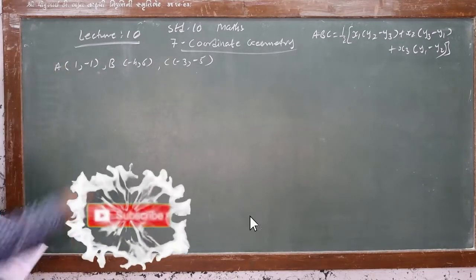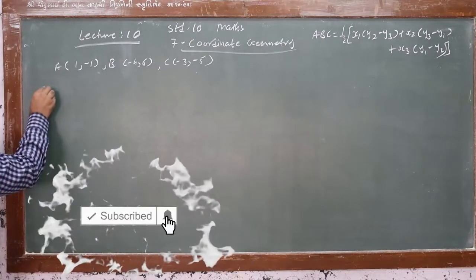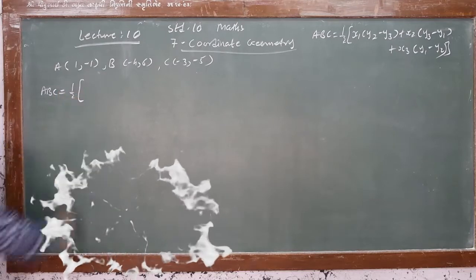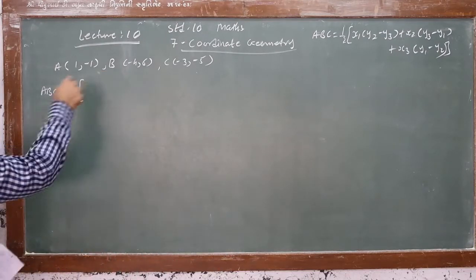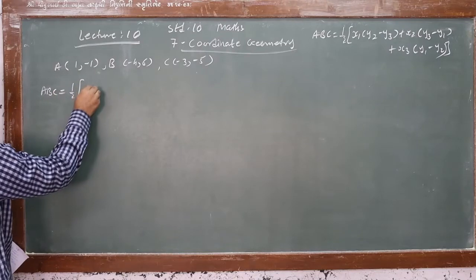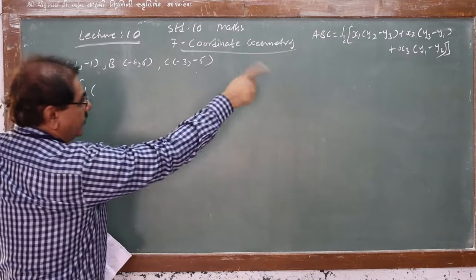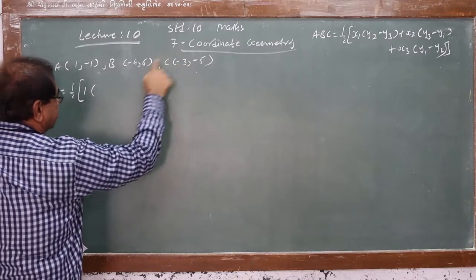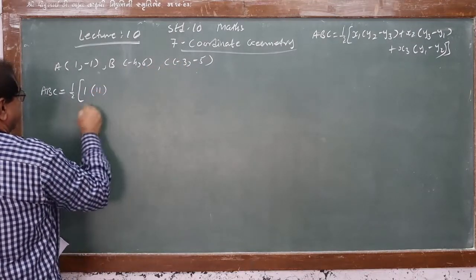So the area of triangle ABC is equal to 1/2 into square bracket x1, that means 1, into bracket y2 minus y3, 6 minus minus 5, so 6 plus 5, it is 11.